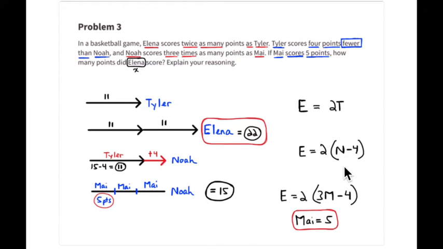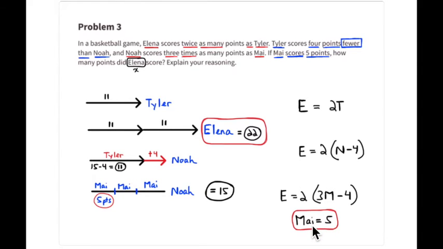And then finally, we know that Noah scored 3 times as many points as May. So 3 times May is equal to Noah, so we can replace Noah's score with 3 times May's score. So now we have Elena is equal to 2 times 3 times May's score minus 4. This is Noah's score, and this is 4 points less than Noah's score.